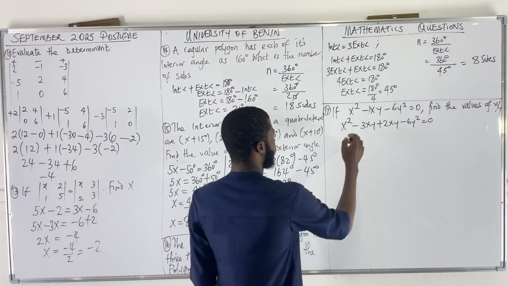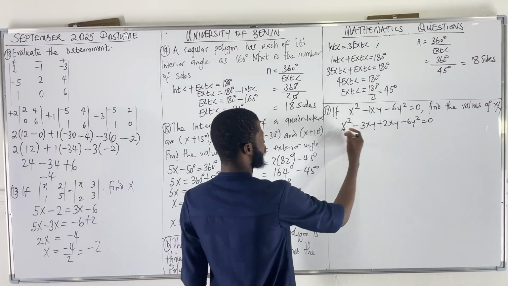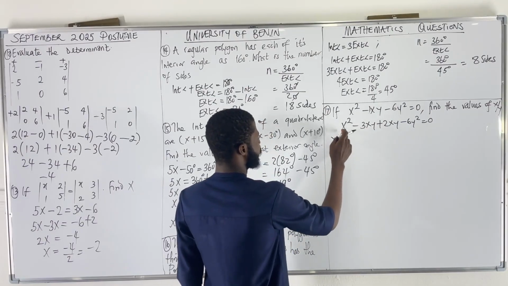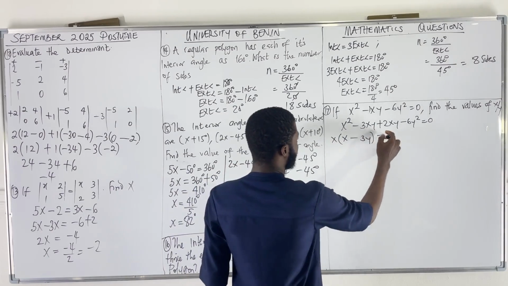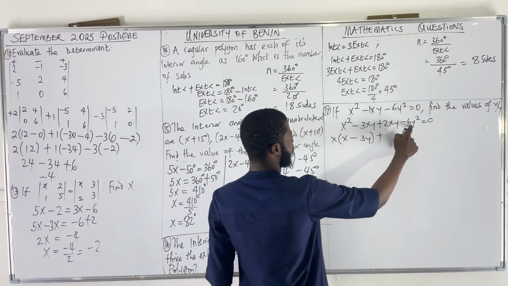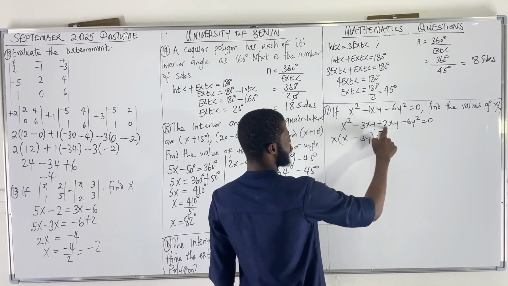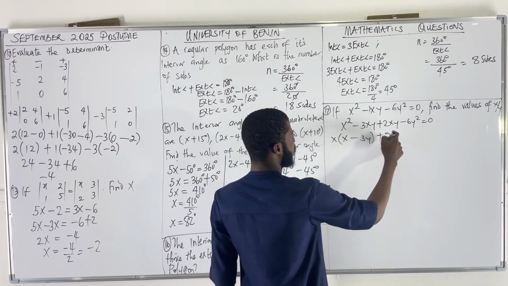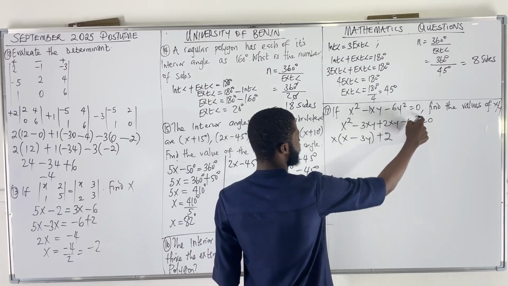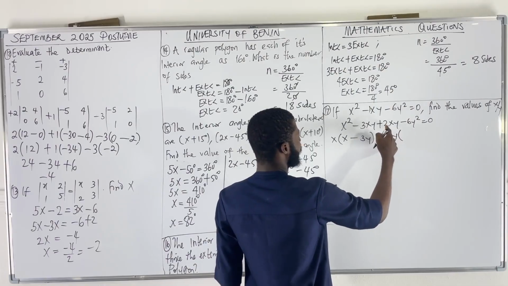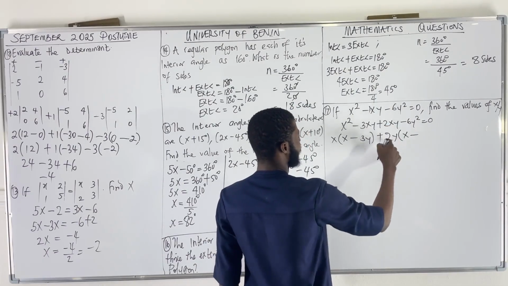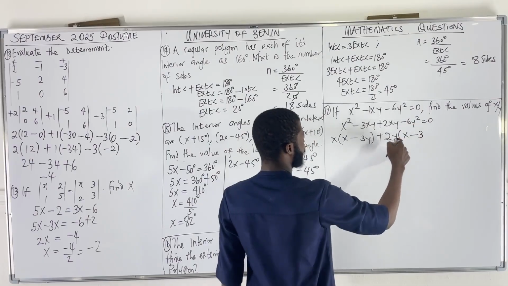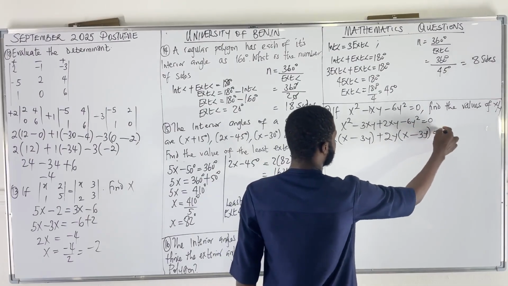So now, between these first two, what's common is x. So x squared over x is x, minus 3xy over x is 3y. And then plus, between these two, what's common? Look at the numbers first. There's 2 here, there's 6 here, so 2 is common. This is xy, this is y squared, so y is common. 2xy divided by 2y is x, minus 6 divided by 2 is 3, y squared divided by y is y, equal to 0.